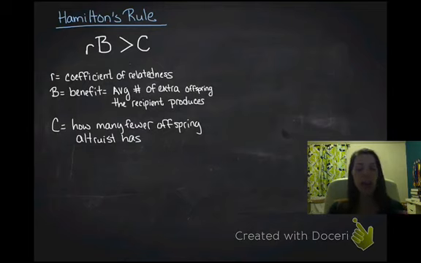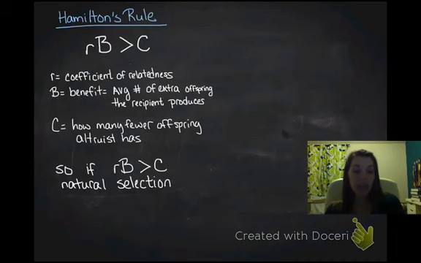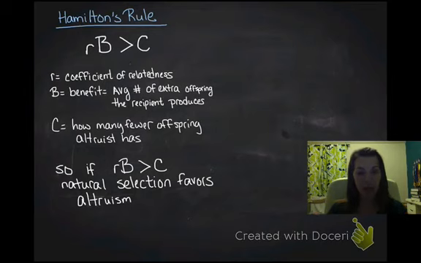That would be B. Basically you plug those numbers in, and if R times B is greater than C, then natural selection will favor altruism, because when you take into account the coefficient of relatedness, the benefit times the coefficient of relatedness is greater than the cost, so it makes sense for that gene to survive.